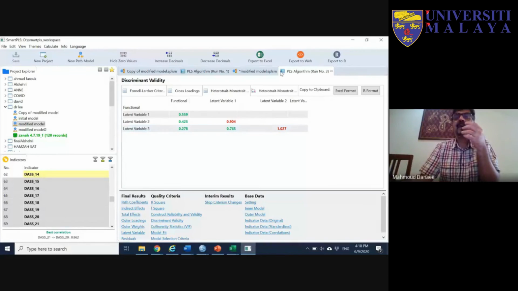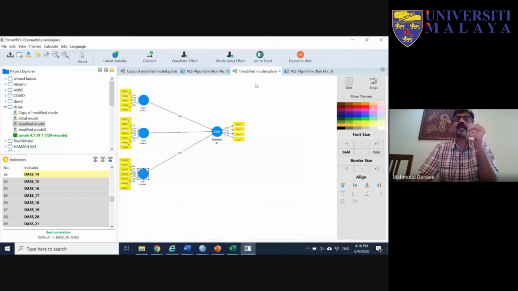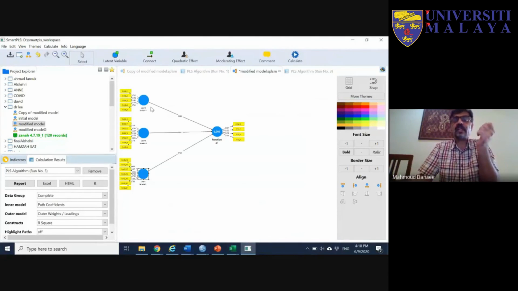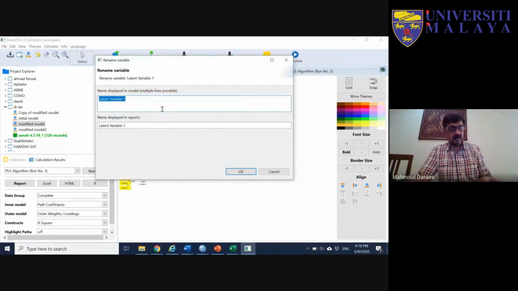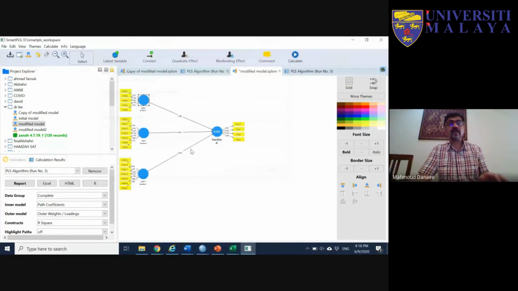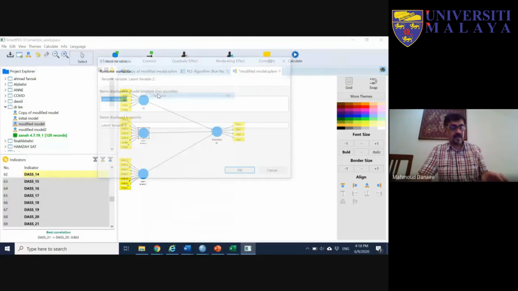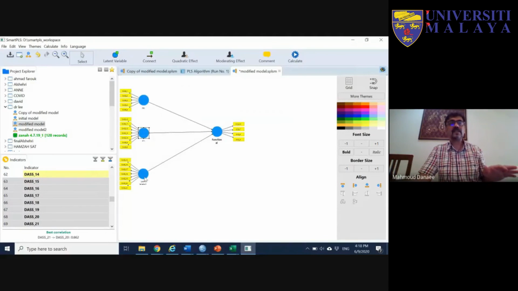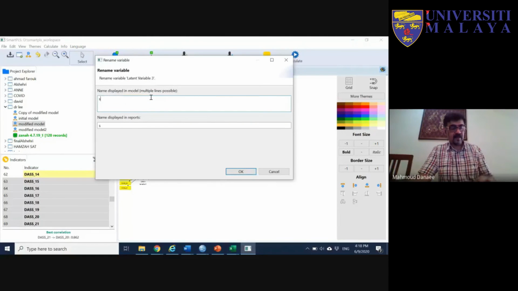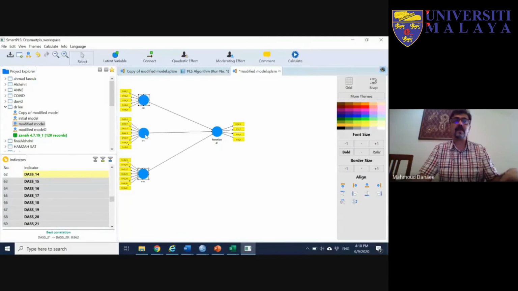So despite the questionnaire in this study originally being designed to measure different variables, let me change the names. This is the depression, this is anxiety, and this is, for example, stress.